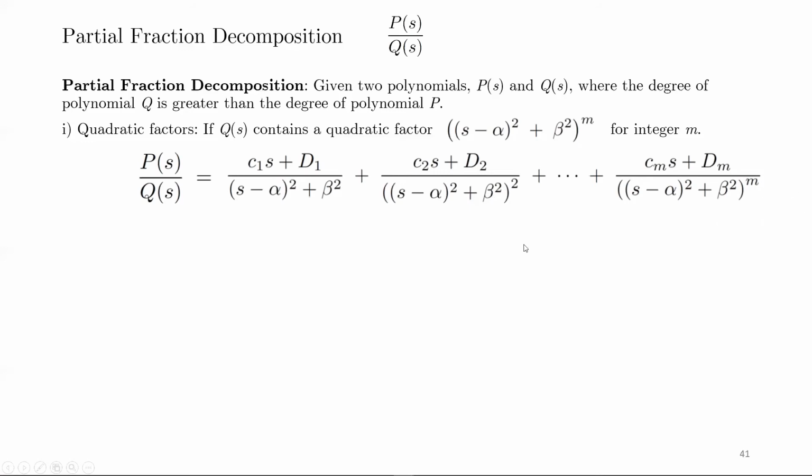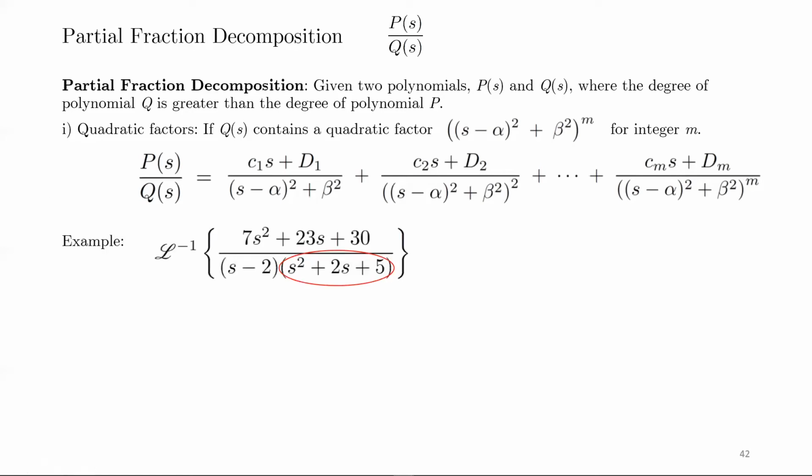So in this case, we're trying to solve for these constants C1 and D1, C2 and D2, through to Cm and Dm. Obviously, this begins to look really messy really quickly, so often you'll see m equal to 1, maybe 2 maximum in this class, because otherwise it's just too much work.